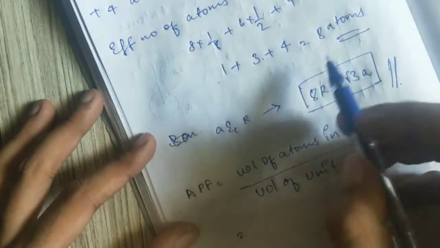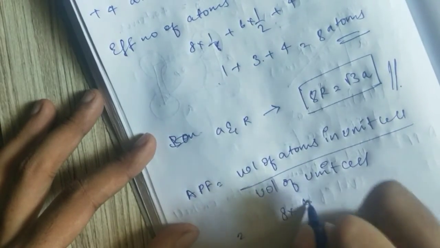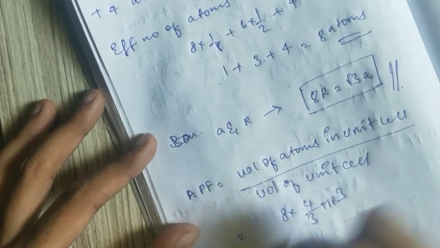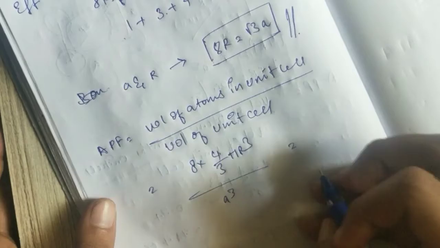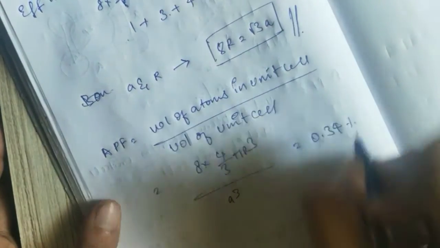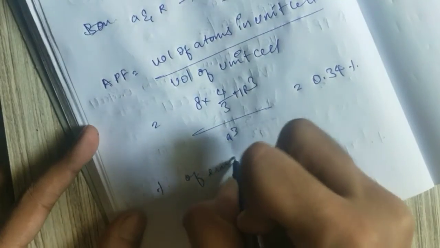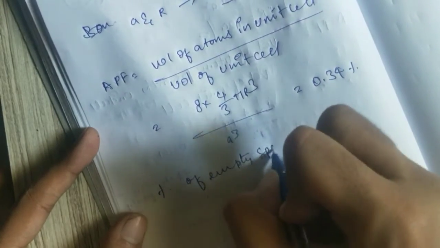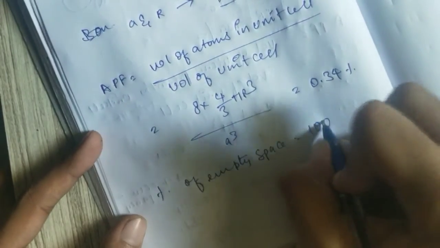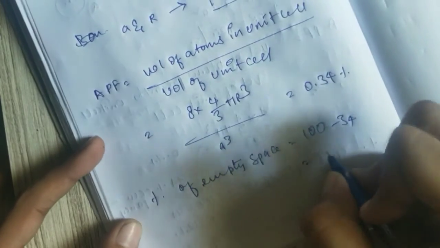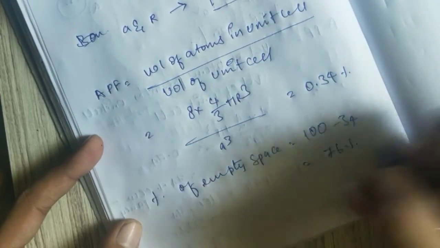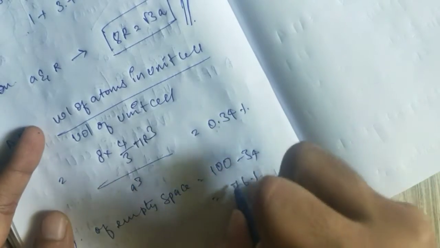Total how many atoms? 8 atoms. 8 atoms into 4 by 3 pi r cube divided by a cube. We will be getting 0.34. And percentage of empty space is given as 100 minus 34, that is equal to 76. Sorry, 66.